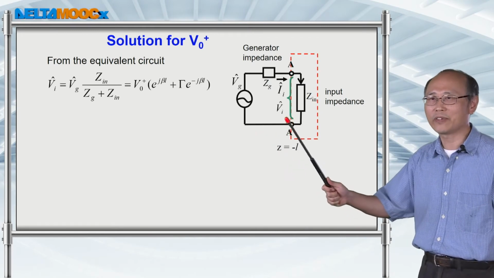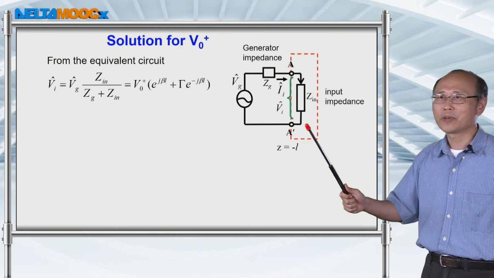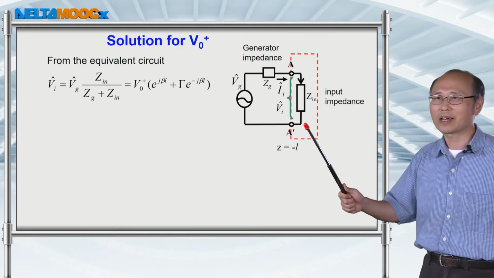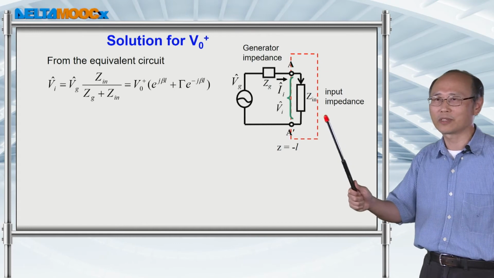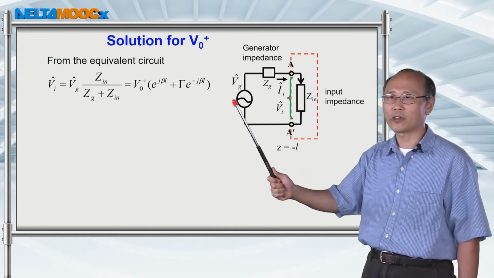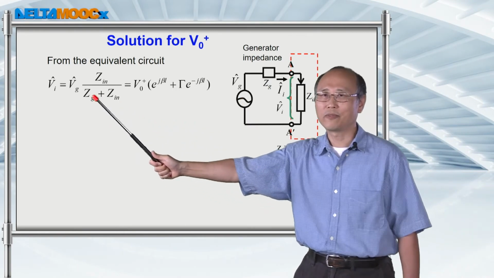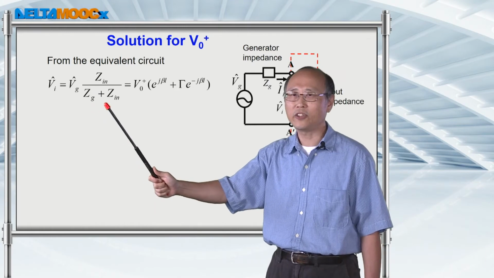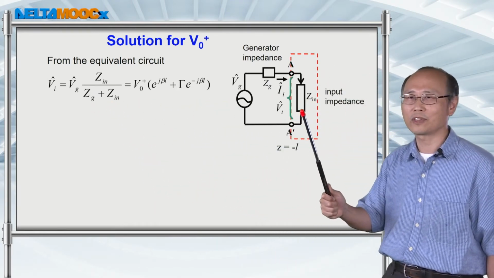Suppose I want to know Vi, the input voltage into this transmission line, but we have lumped the whole transmission line into a simple impedance called the input impedance. So we can derive this voltage from the generator voltage by doing this calculation, because Vg divided by Zg plus Zin is just the current flowing into this circuit.